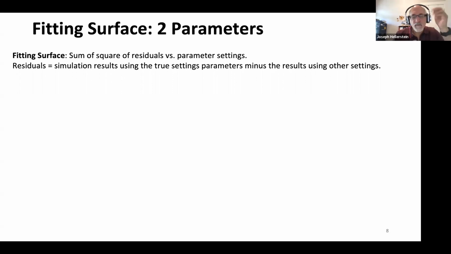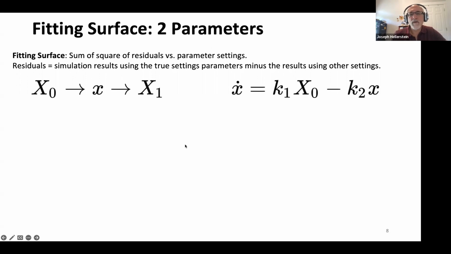So fitting surface, what is a fitting surface? I'm going to talk about a very simple model for right now, one with just 2 parameters. So here's my model. I'm producing some species X, and then I am consuming it. I've got the simple model here for the production. This is all mass action.